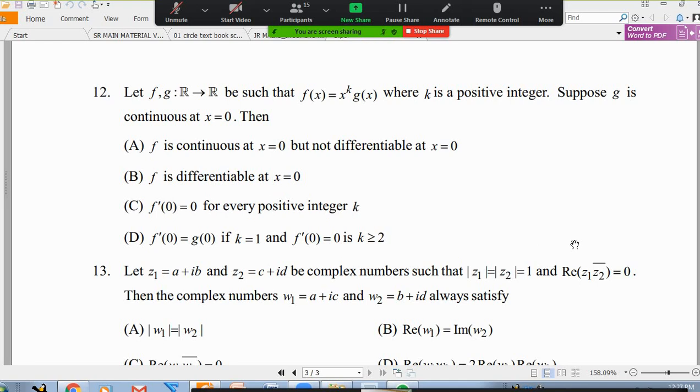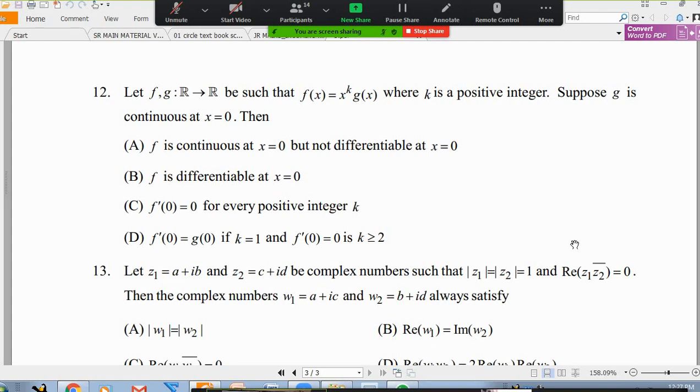If g is continuous, we can prove f is continuous, and we can prove differentiability also. F dash 0 is 0 for every positive integer k. Option C is wrong; A is obvious, B is also right.